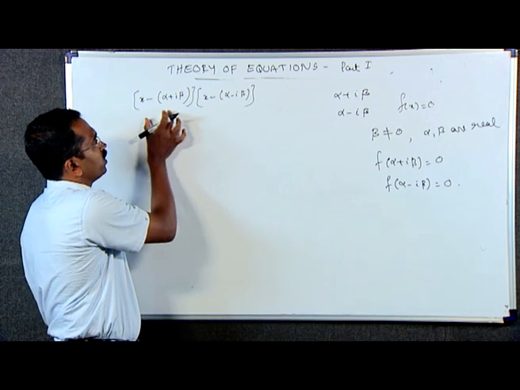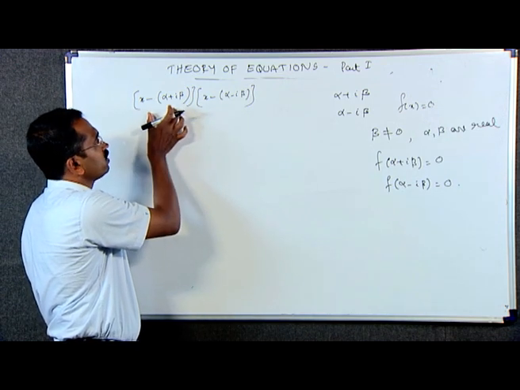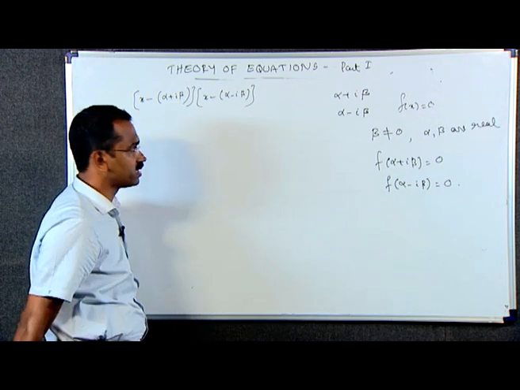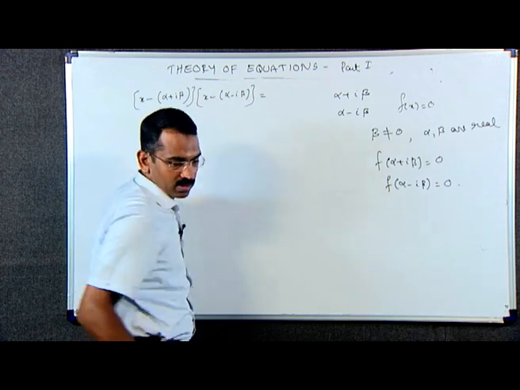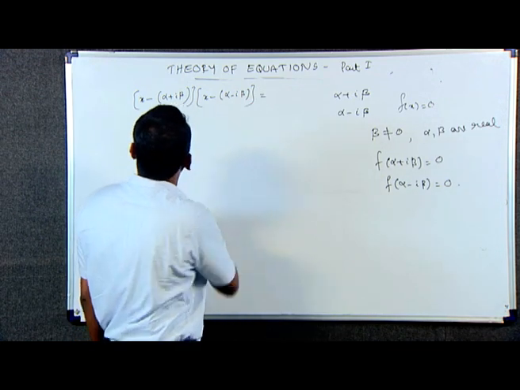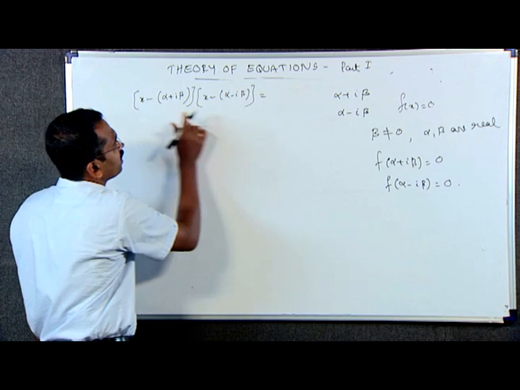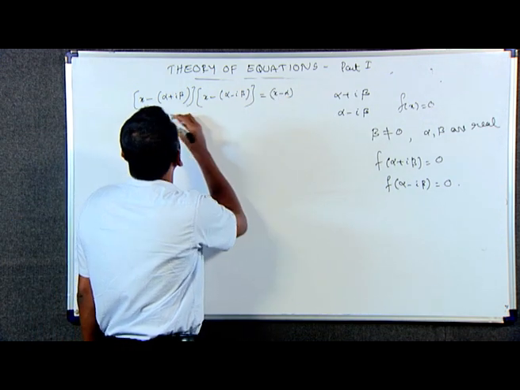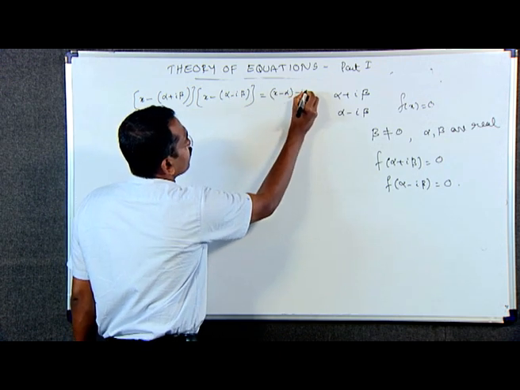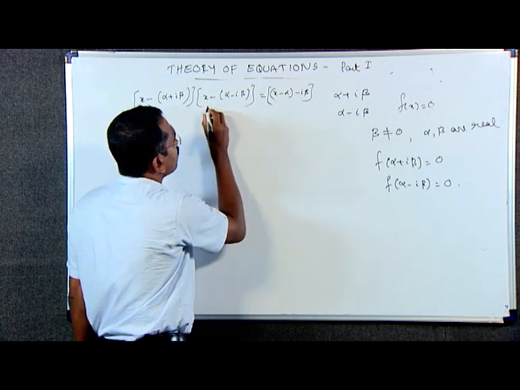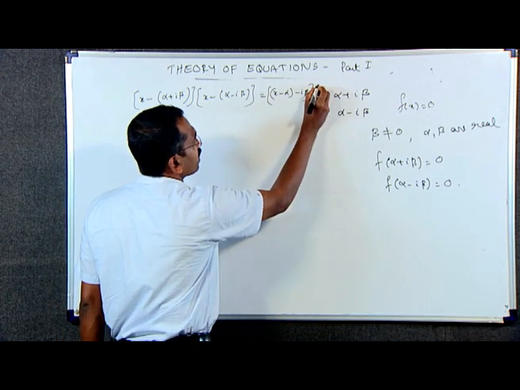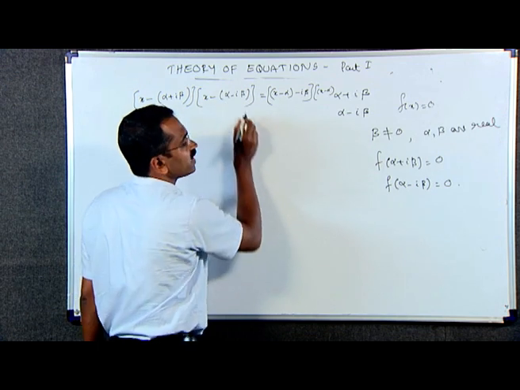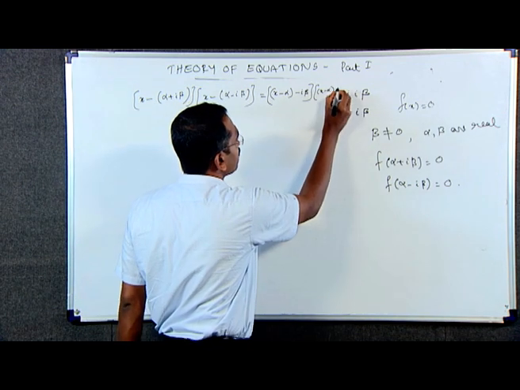Now consider the product of the two factors, that is, (x minus (alpha plus i beta)) into (x minus (alpha minus i beta)), which can be written as (x minus alpha minus i beta) into (x minus alpha plus i beta).